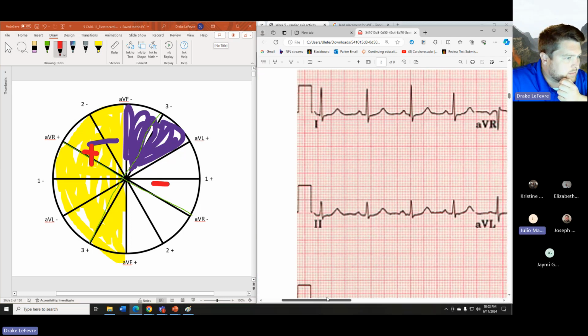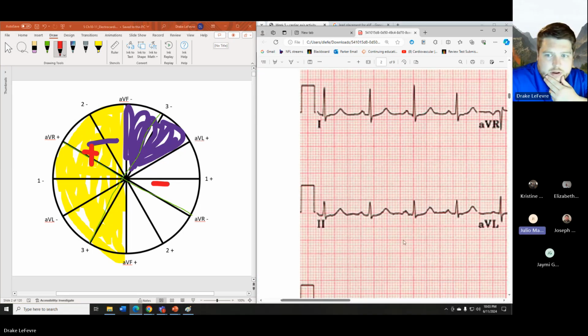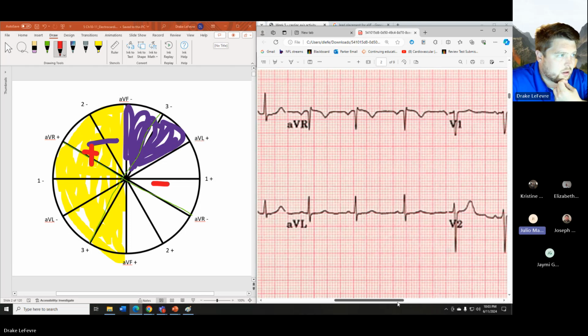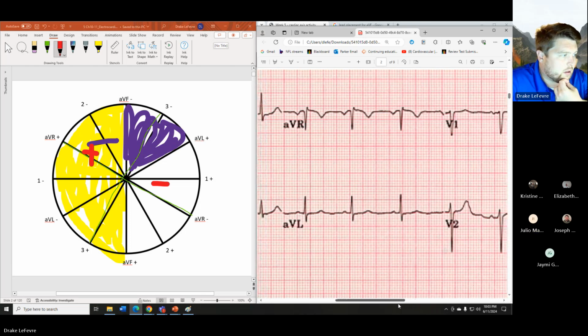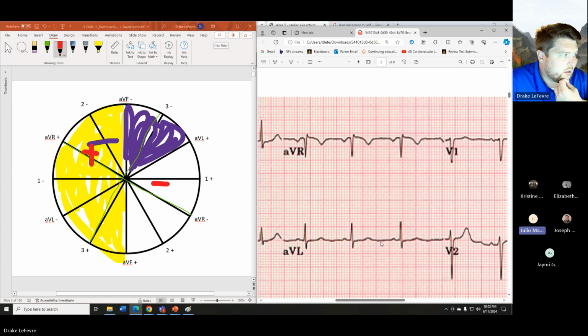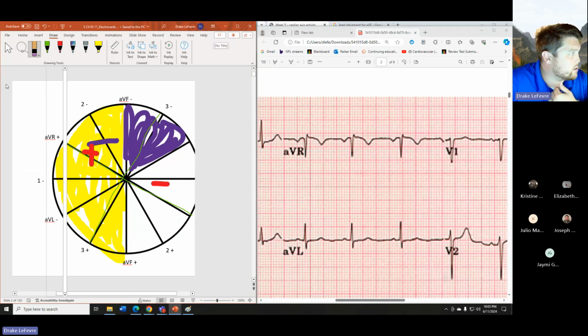Let's look at, okay, Drake. Yep. So I know that AVR was positive, but how did it turn into being negative on the right side if it was positive? That's what I messed up when I drew this chart. It was supposed to be negative. I messed up when I was filling it out.